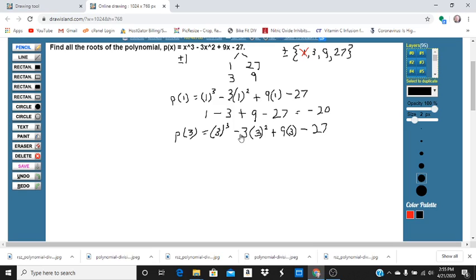Okay, 3 cubed is 27. 3 squared is 9, and 9 times 3 is 27, minus 27.